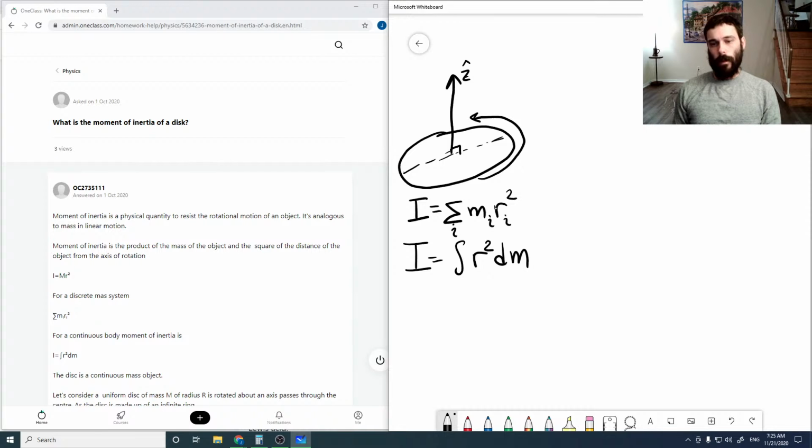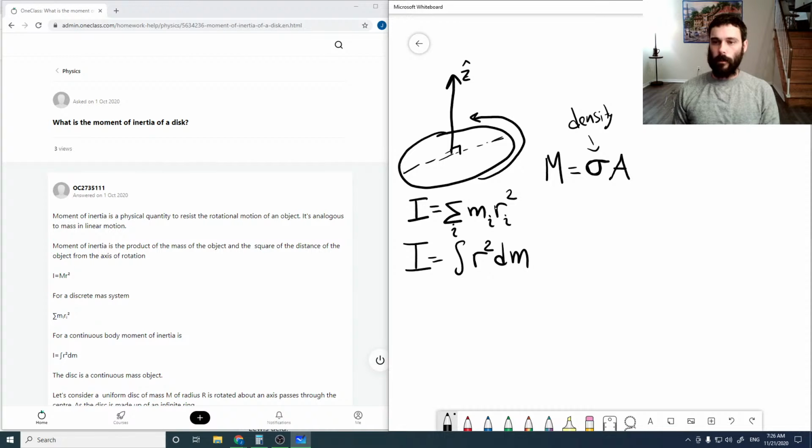To solve this, we need to know what our mass is. So assuming again that it's evenly distributed across the entire mass, then the total mass is going to be the density, or the area density, I should say, times the area, right?